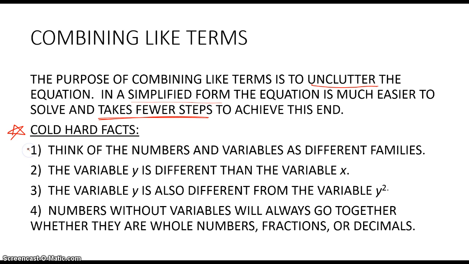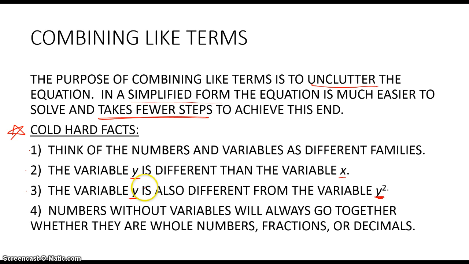1. Think of the numbers and variables as different families. The good thing to remember is y, of course, is different than the variable x. But an important thing to remember also is y is different from y squared.